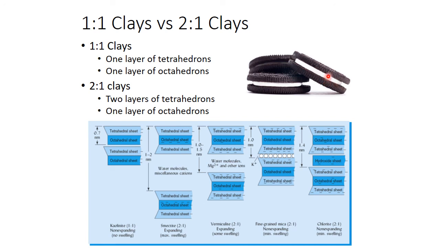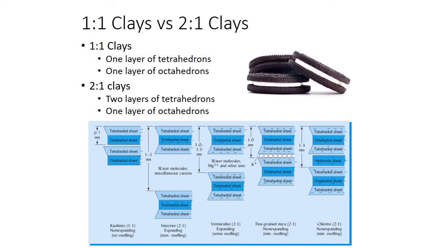And so if we remove one of these layers of cookie, we're left with one layer of octahedral sheets, the cream, and one layer of tetrahedral sheets, the cookie. And if we have a whole bunch of those where one side of the Oreo has been removed, we can sort of think of those as 1-to-1 clays. And they don't really expand.